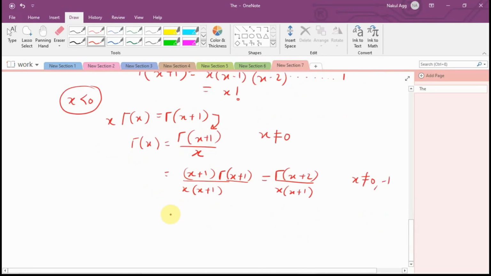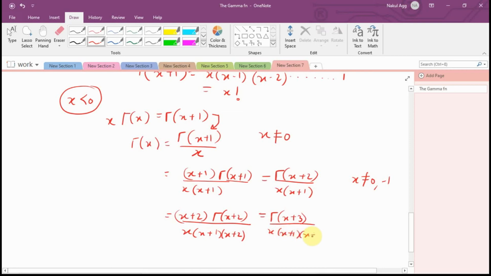Now we again multiply both numerator and denominator by x plus 2. The denominator is x into x plus 1 into x plus 2, and the numerator evaluates to gamma of x plus 3. x must not be equal to 0, minus 1 and minus 2.